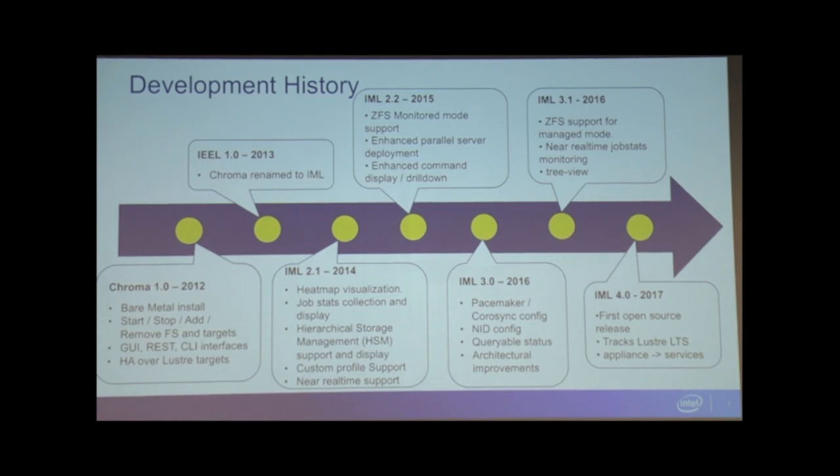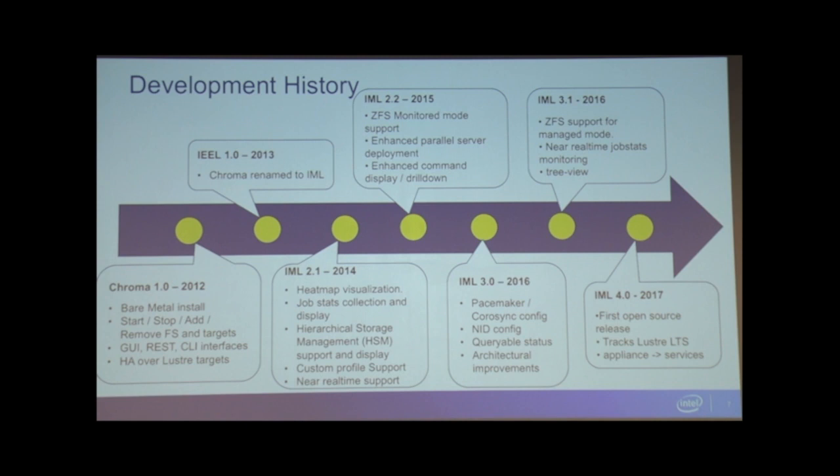In 2013, Chroma was renamed to IML, and Whamcloud was acquired by Intel. At that point, there were a number of closed source releases where we did a number of enhancements. But fast forwarding to 2017, we actually had our first open source release, which was IML 4.0.